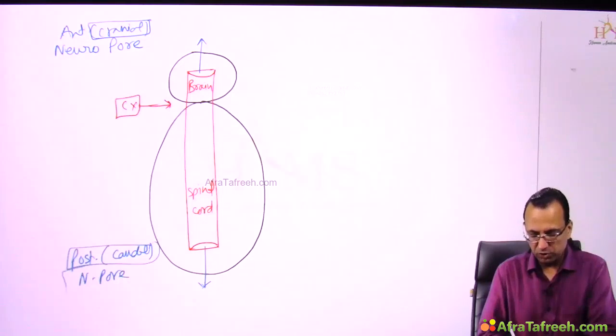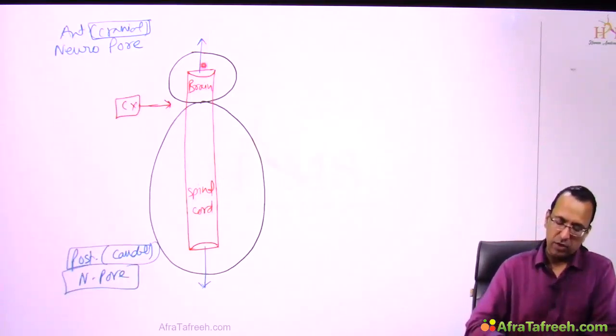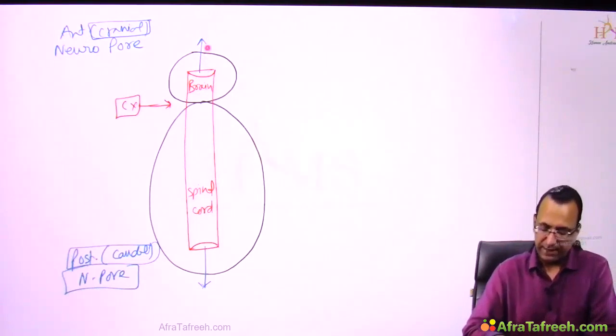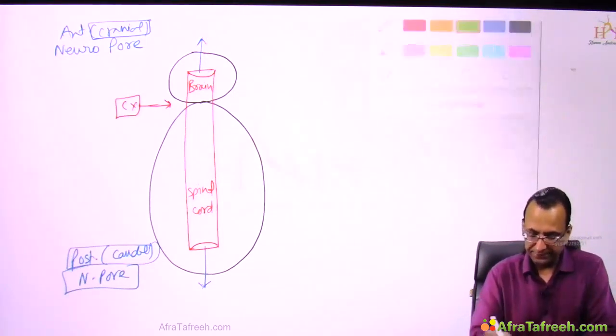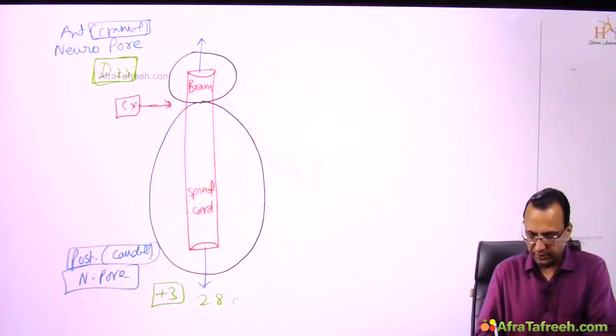They must close in due time. The anterior or cranial neuropore must close by day number 25, and similarly the posterior neuropore should close after 3 days, that is day number 28.